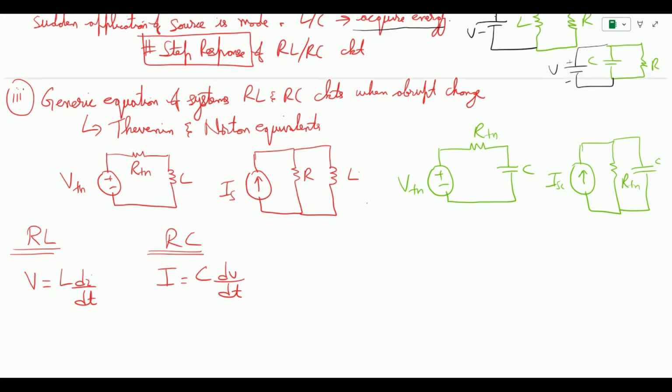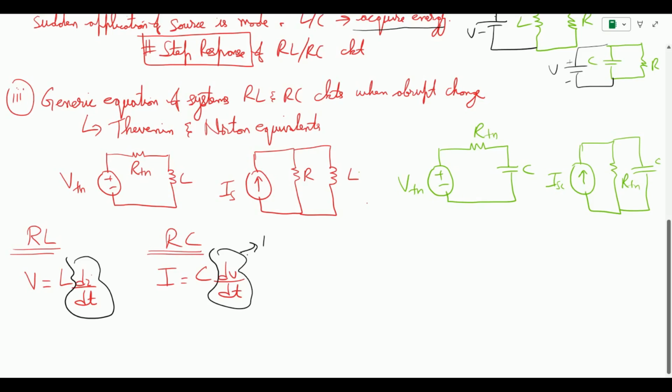In both equations we have a first order derivative. Hence this first order differential equation is the reason that RL and RC circuits are also known as first order circuits.